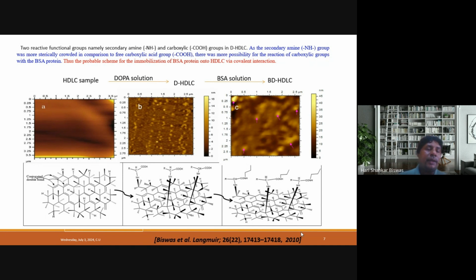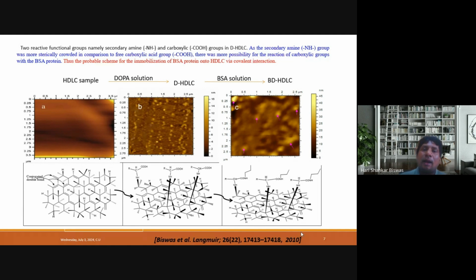Here I have shown two reactive functional groups, namely the secondary amines of the protein and the carboxylic group of the protein, attached. Initially, we attached with dopamine. Dopamine is also an amino acid which contains NH and COOH groups, and the protein also contains these types of groups. Initially, dopamine acts just like a glue.